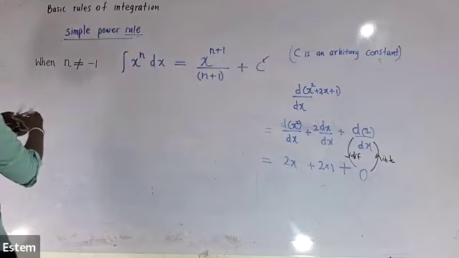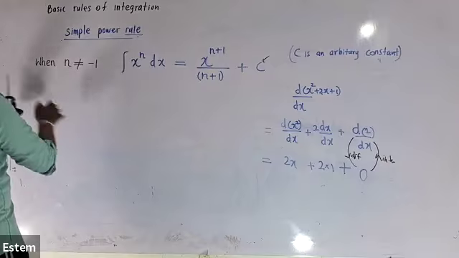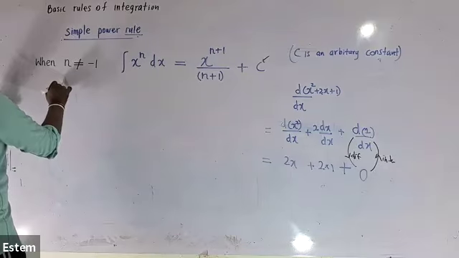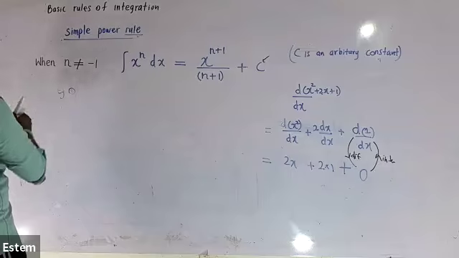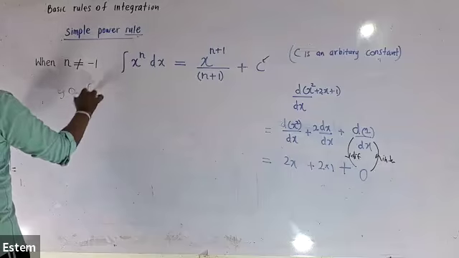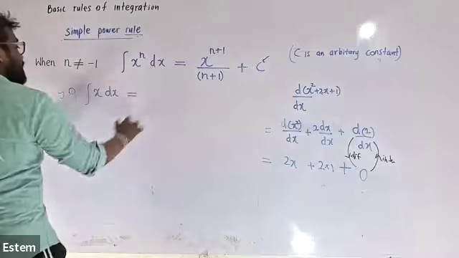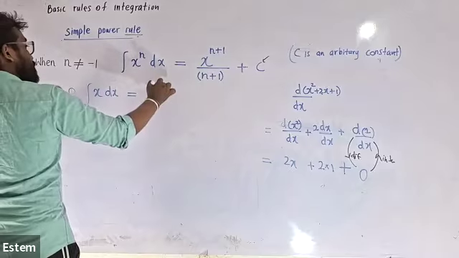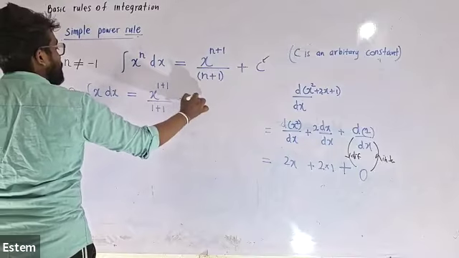Now, n cannot be equal to -1. As the first example, integrate x dx. What should be the answer? x to the power 1 plus 1 over 1 plus 1, plus c.